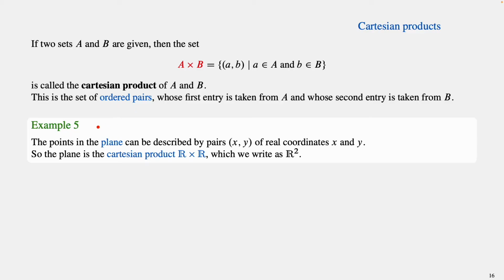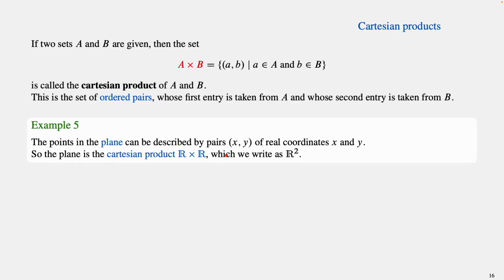One example that you might know from geometry is that the points in the plane can be described by coordinate pairs x and y. So we have an x-axis and y-axis, and this pair of coordinates describes how far we have to go along the x-axis, and then how far we have to go up or down the y-axis in order to get to one uniquely described point.